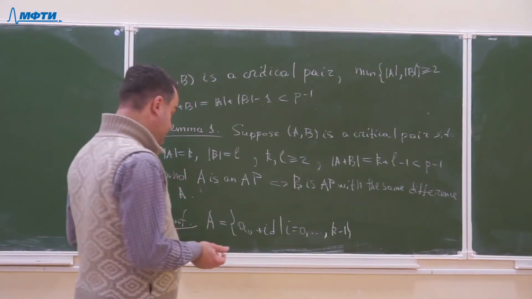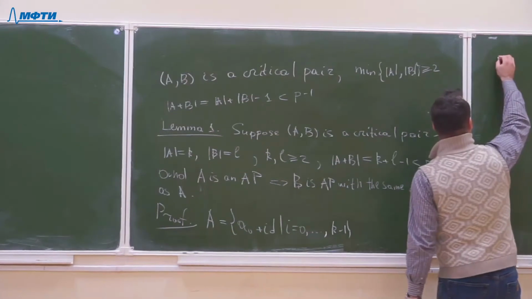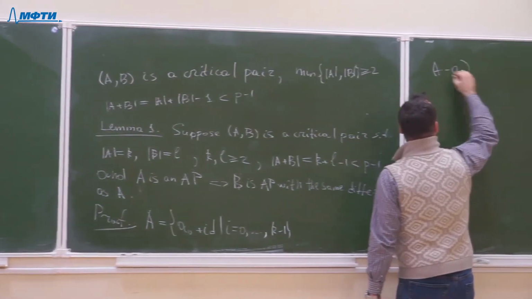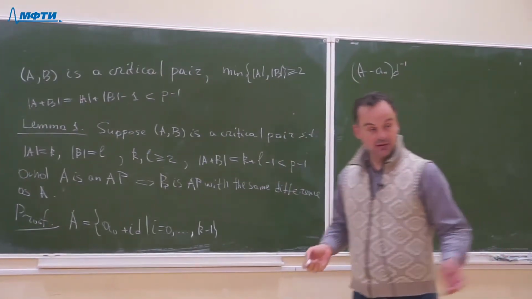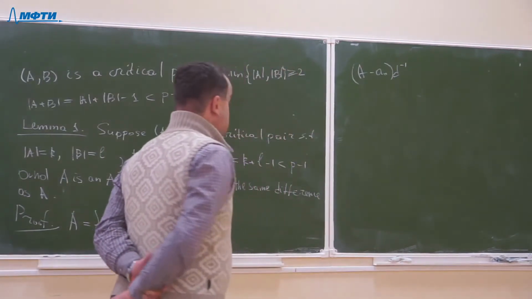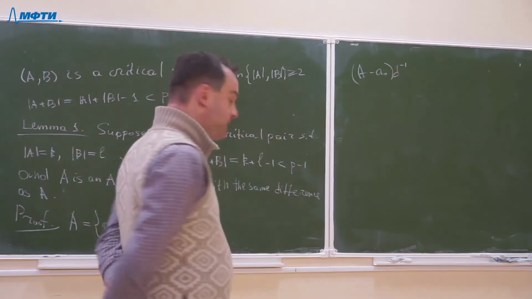Well, then (A - A0) multiplied by d inverse is what?